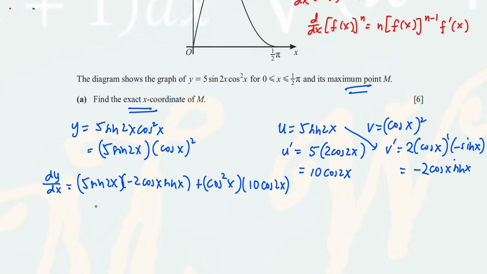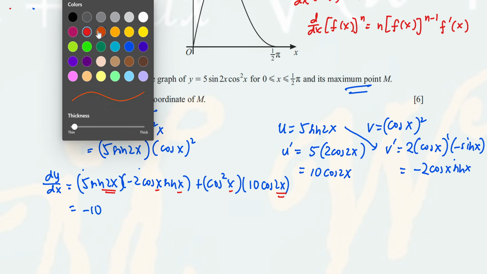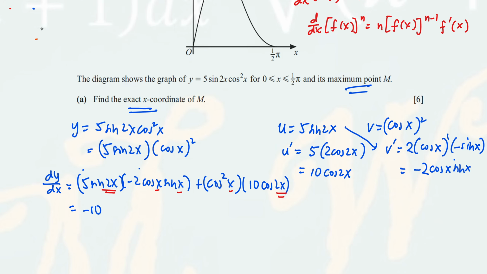Okay, so from here I will simplify. 5 times minus 2, that is minus 10. Then because you have sine 2x, see here, 2x, 1x, 1x, then here 1x, 2x. So better change all into just 1x, because later we need to solve the equation. So now use another formula.